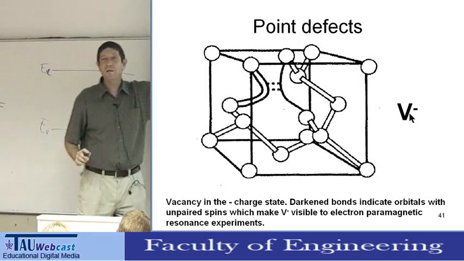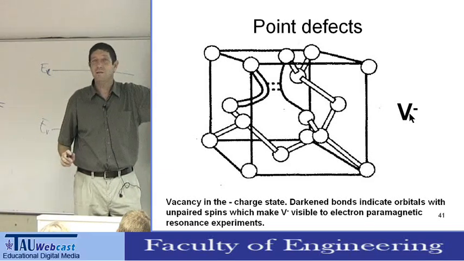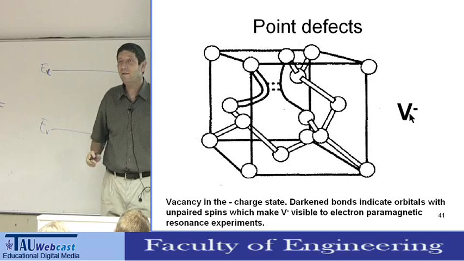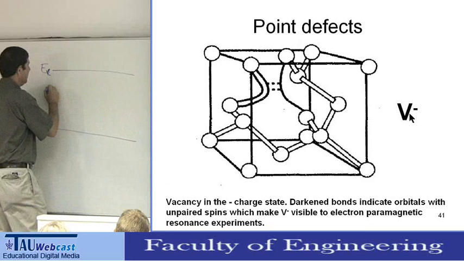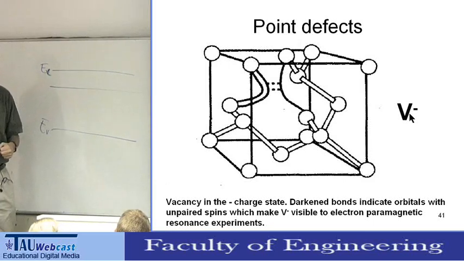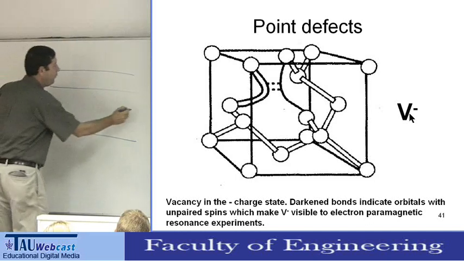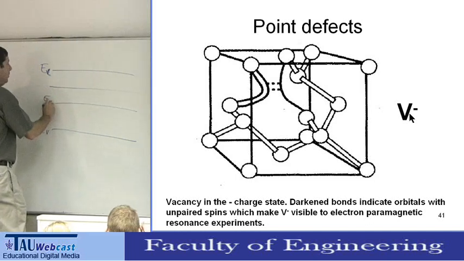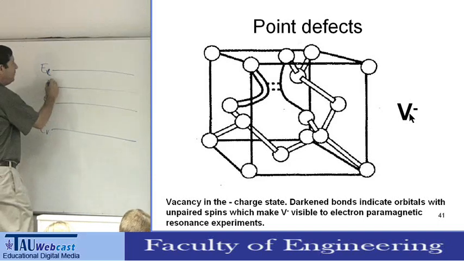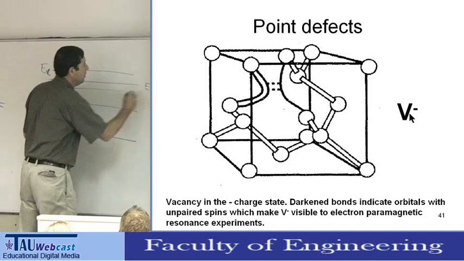Now, these vacancies generate some states. They are perturbations. They are like defects. They generate states inside the semiconductor. Now, if the Fermi level is below, then this state is empty. If the Fermi level is above, this state is full.